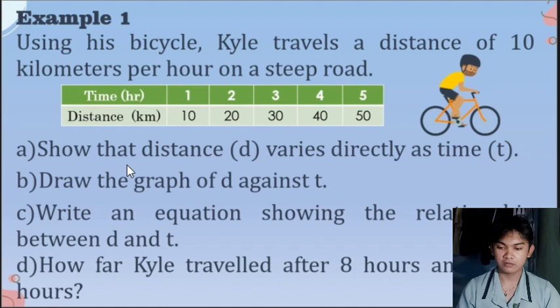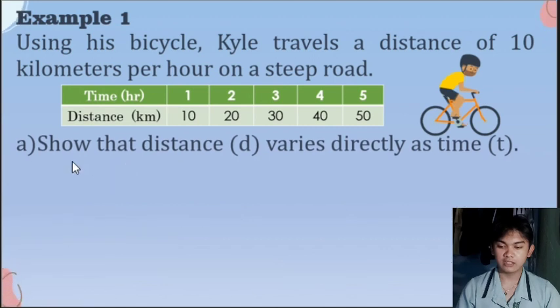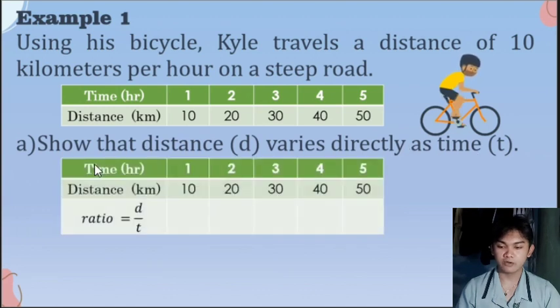So, to show that distance d varies directly as time, what we have to do is to get the ratio of distance and time. So, the ratio is equal to d over t, or distance over time. For the first value, when distance in kilometers is equal to 10, our value for d is 10, over the value for time, which is 1.